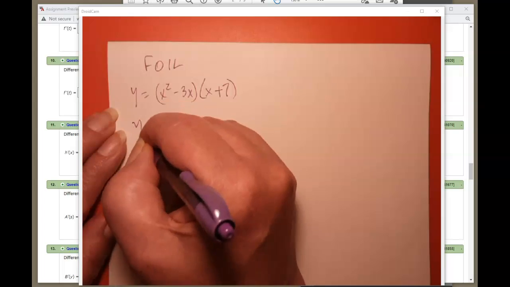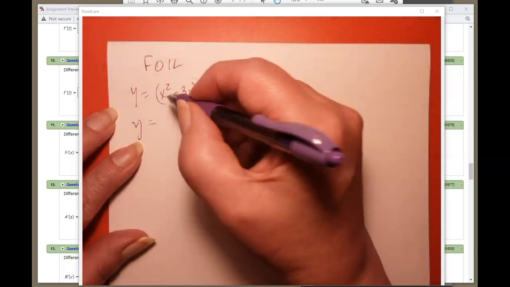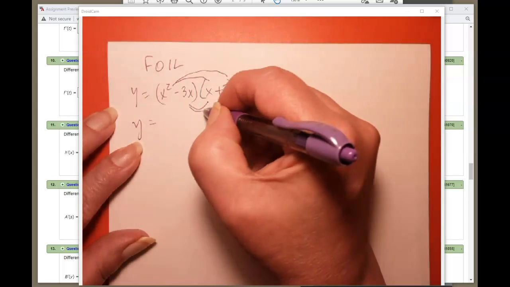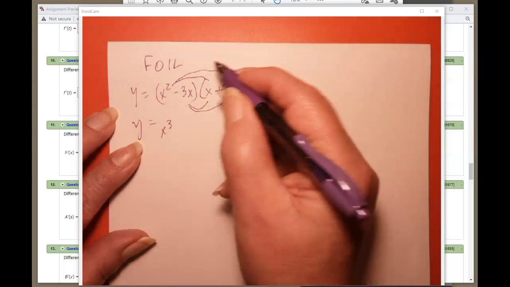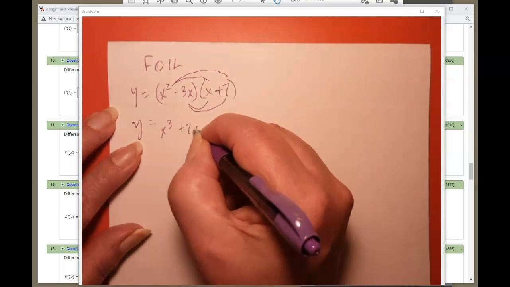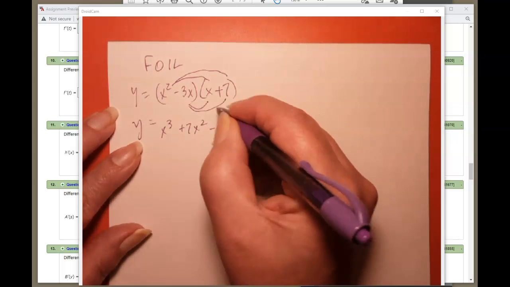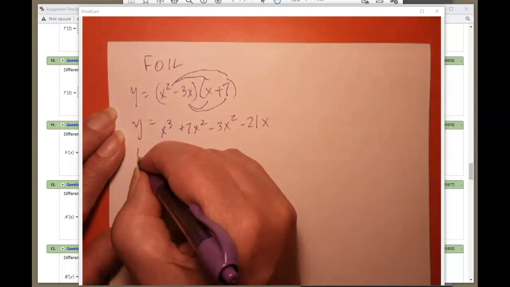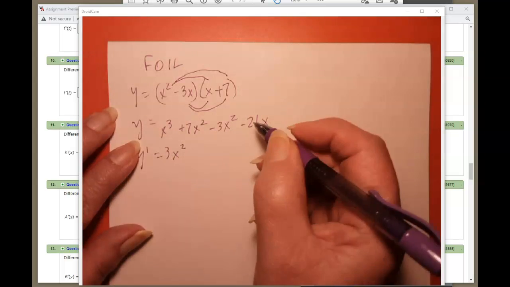So this is y is equal to, I'm rewriting this. I'm not taking the derivative yet. So it'll be the first, the outer, the inner, the last. So I have x cubed. Outer is plus 7x squared. The inner is minus 3x squared. And the last is minus 21x. So my derivative will be 3x squared.